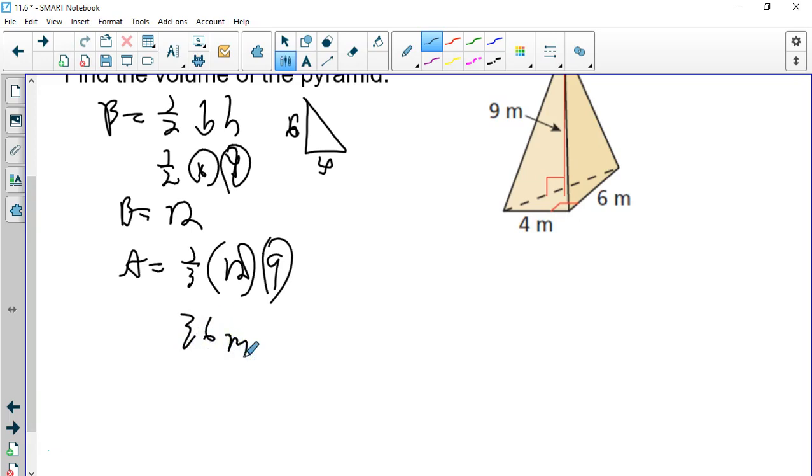Now, this is, I'm sorry, why am I saying area? It's volume. We're finding the volume of a three-dimensional object, silly. So capital B is the area of the base, V for volume of the shape. So the volume is 36 meters cubed. We always cube because it's a 3D object.